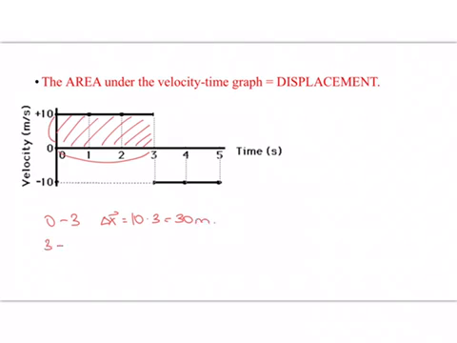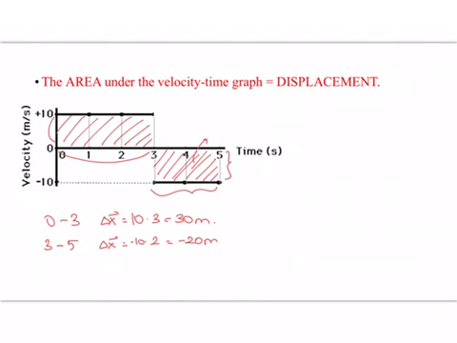Between the time intervals 3 to 5 seconds, the area under the x-axis graph will be here. So this area will be equal to minus 10 times 2, which is equal to minus 20 meters.